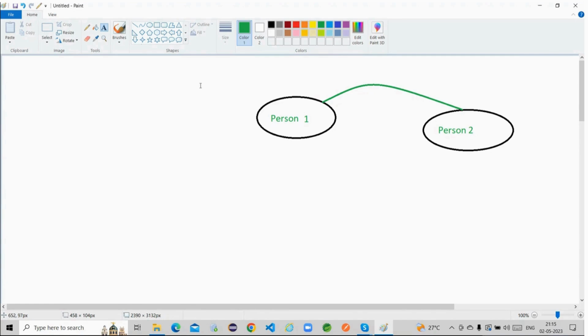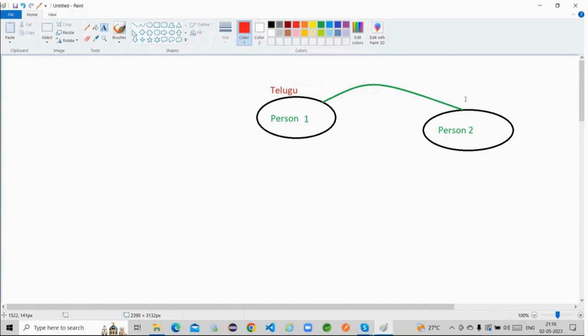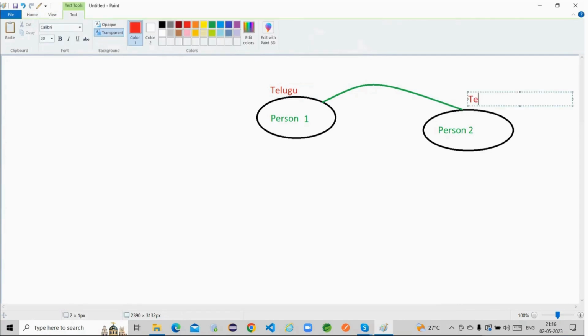Suppose, for example, this first person knows the Telugu language. When it comes to this second person, the second person also knows the Telugu language.